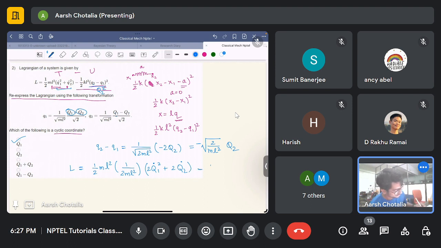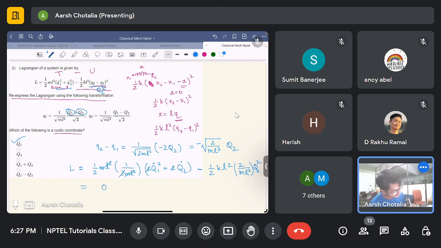And minus, as we saw, half k l square times (q2 minus q1), which is 2 by m l square times Q2 square. So this m l square is cancelled. This one factor of 2 is cancelled.